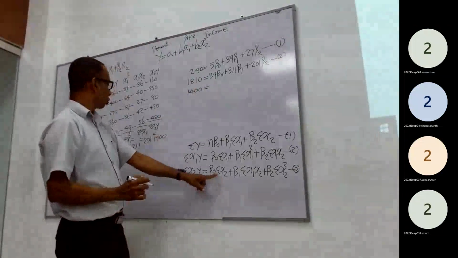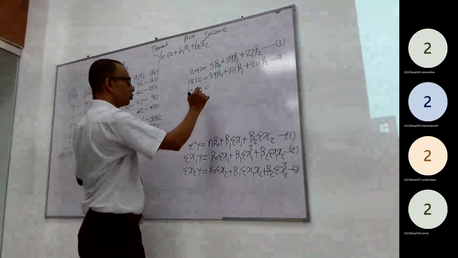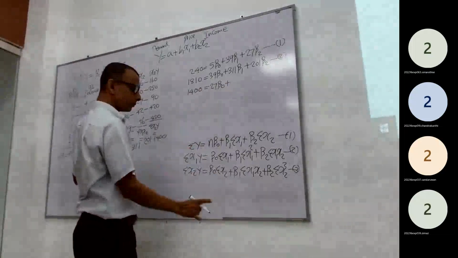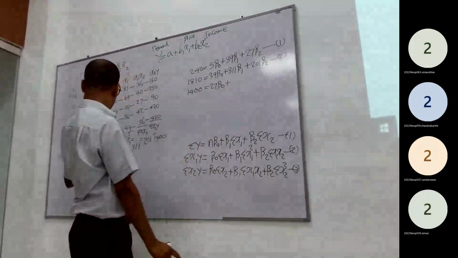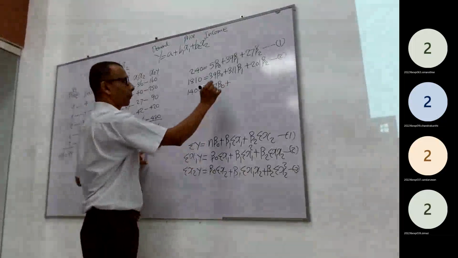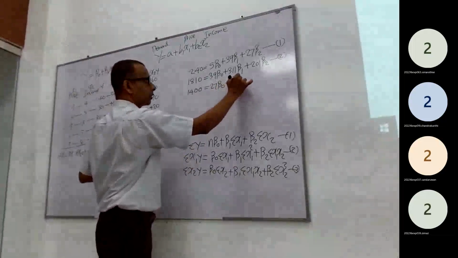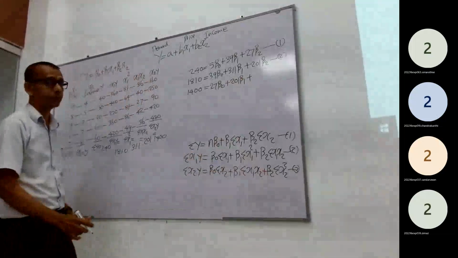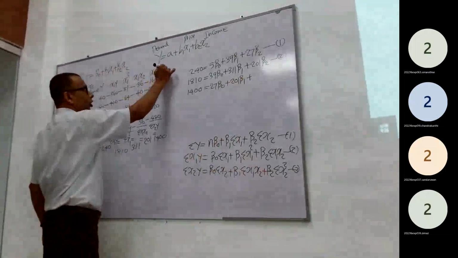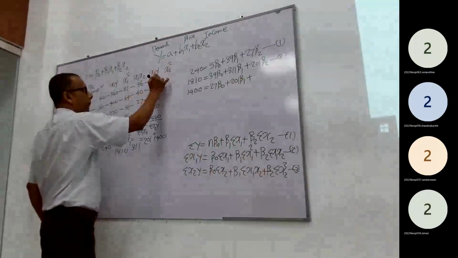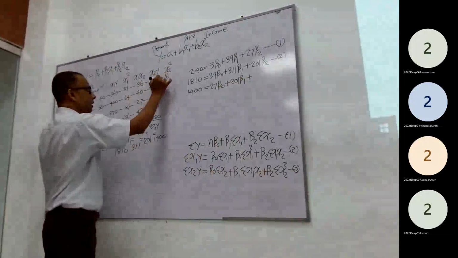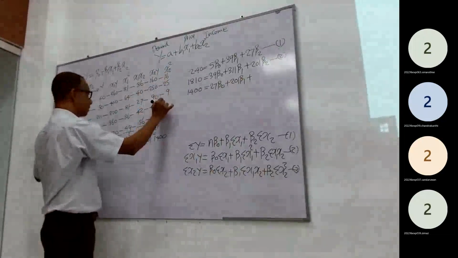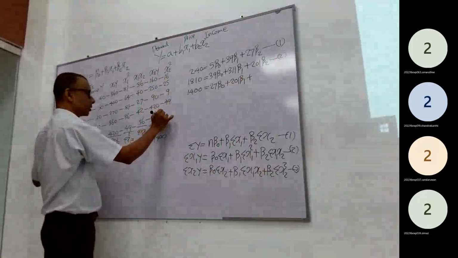Beta 0 sigma x2, already you have calculated sigma x2, 27 beta 0. Sigma x1 x2, you have done, 201 beta 1. Sigma x2 squared, take another column, x2 squared. Y squared: 16, 25, 9, 49, 64.